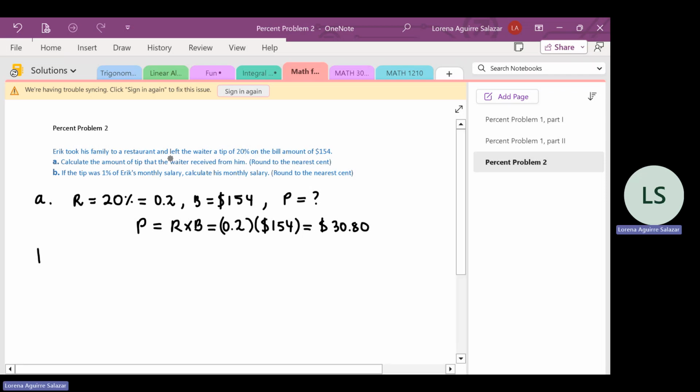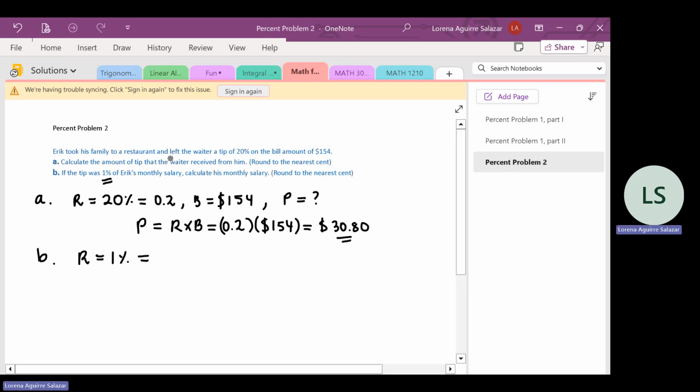Next, for part B, they tell us that the tip was 1% of Eric's monthly salary. That tip that is right here was 1% of Eric's monthly salary, and we need to calculate his monthly salary. Because we have this number as a percentage, in this problem the rate is 1%.